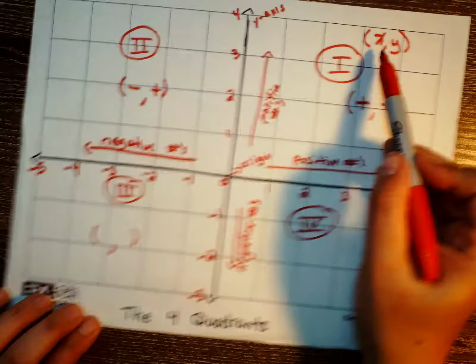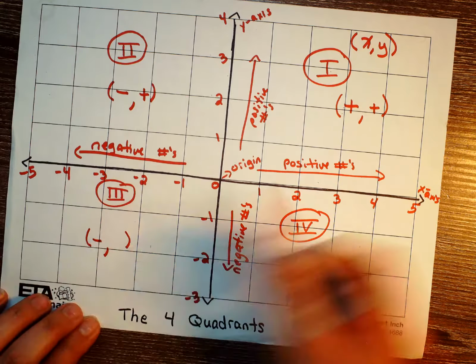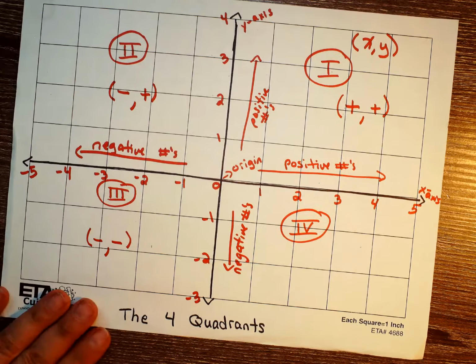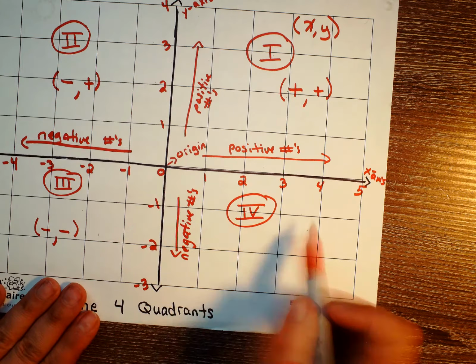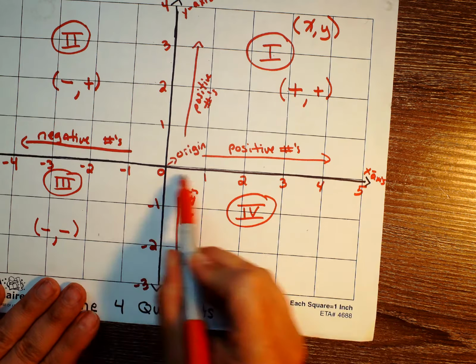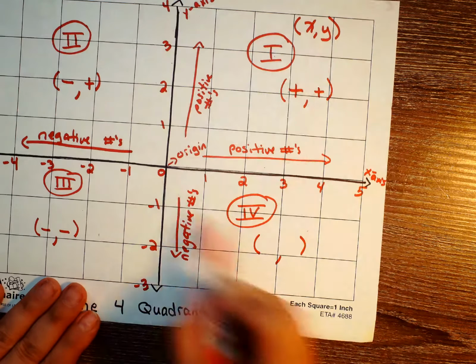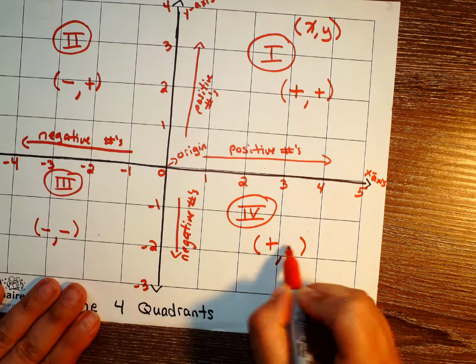X is here, so X is negative, and my Y is also negative, so negative, negative. Then quadrant 4: I'm doing X first. X is positive, but my Y is negative.